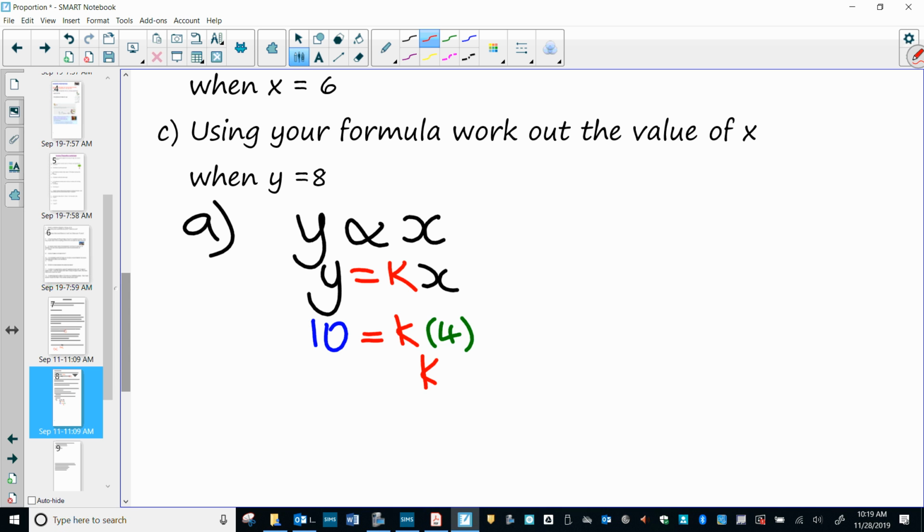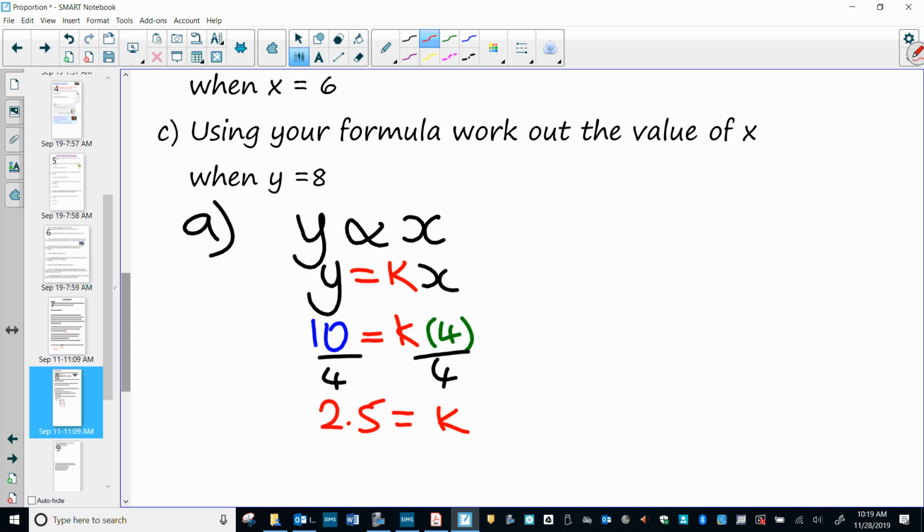So how would I rearrange this to find the value of k? 10 divided by 4. Good. So the value of k is 2.5. Remember, it doesn't matter which side the k is on. So I know the value of k is 2.5.